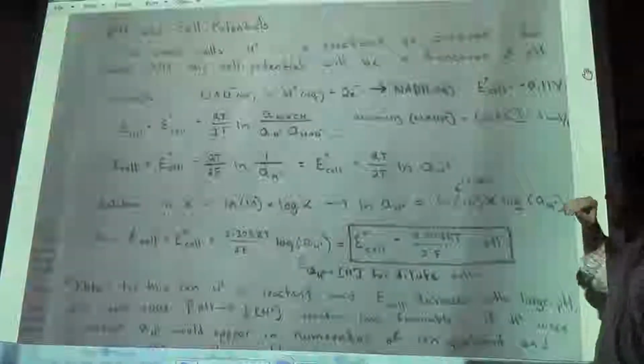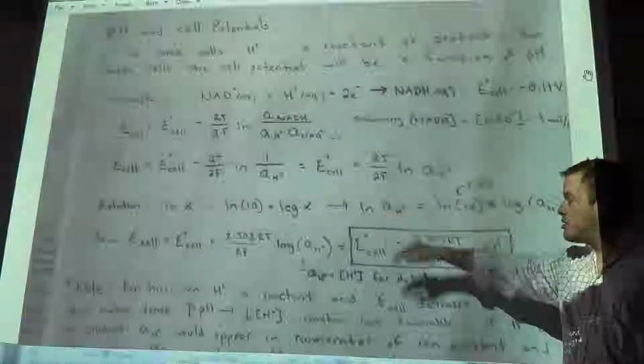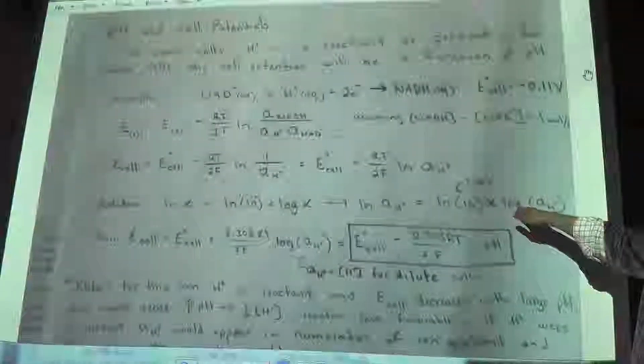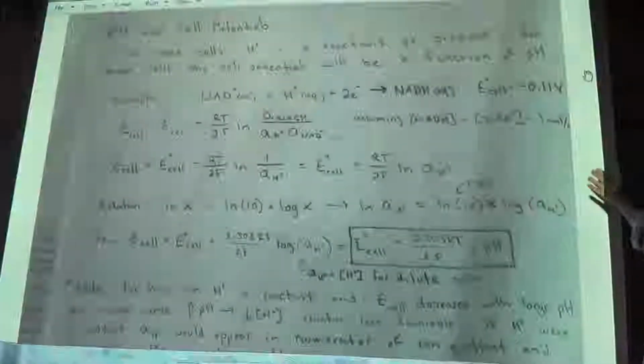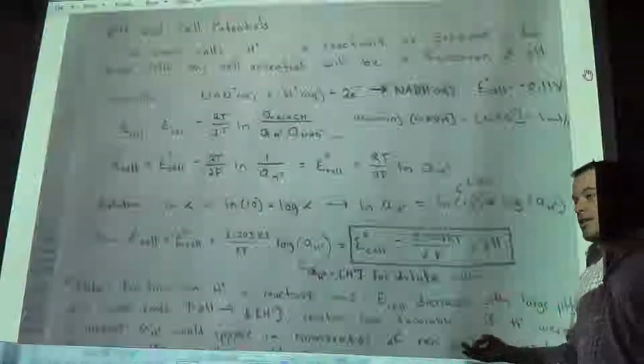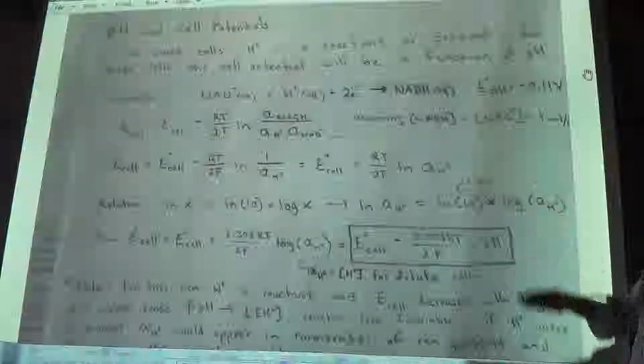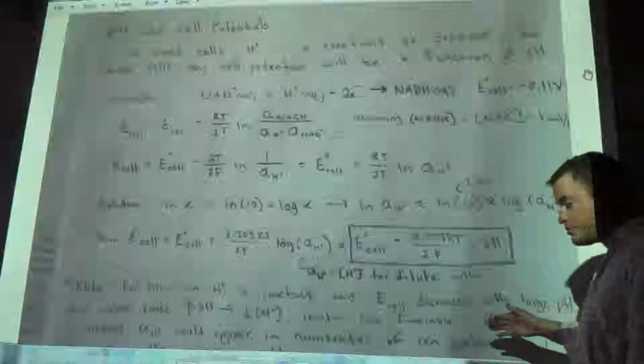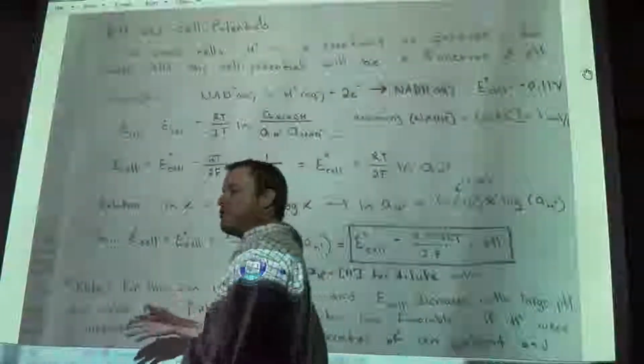So we've switched from using the natural logarithm to an equation that allows us to use the log base 10. We already know that pH is cast in terms of log base 10. It's negative log base 10 to get the concentration of H plus. If we're looking at a dilute cell, we know that activity goes as concentration. We know that for more concentrated cells, we can't necessarily approximate the activity as the concentration, but in the case that we have a dilute cell, that works.